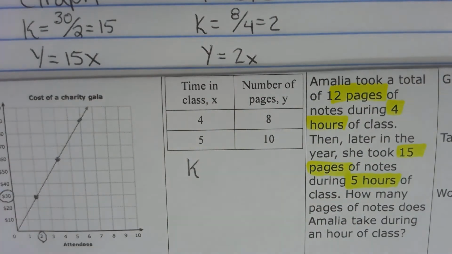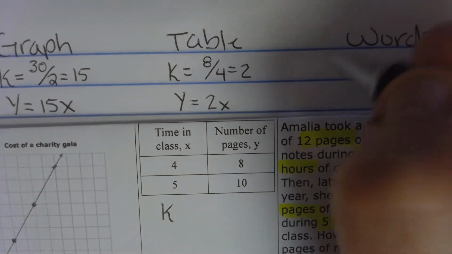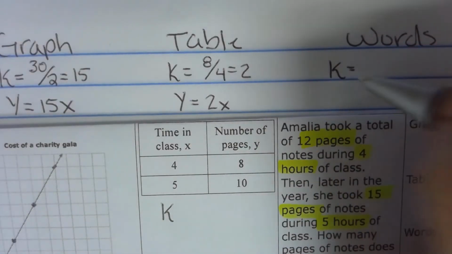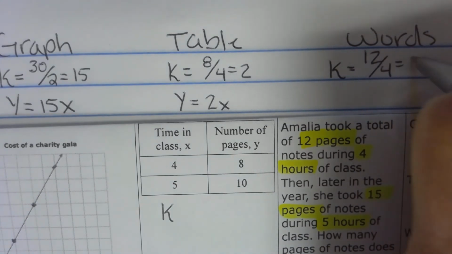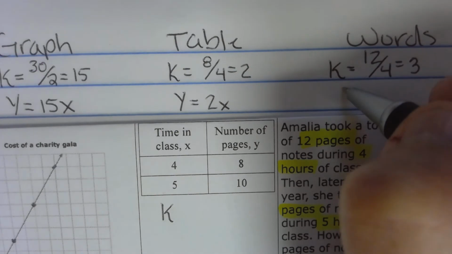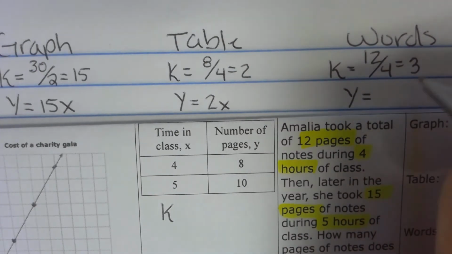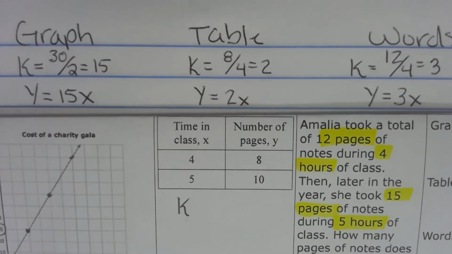Well, it doesn't matter which one of those I choose because they're all going to give you the same constant of proportionality. So if I choose the first one, 12 divided by 4, and simplify it, I get 3. Notice if you choose 15 divided by 5, you're still going to get 3. The equation is y equals, we plug the 3 in, and now we have an equation for the words.